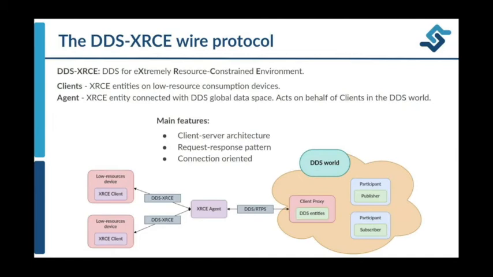Okay, so this proxy really acts as a proper application using DDS as a middleware, and therefore is able to convert the client into a first-line player in the DDS world.